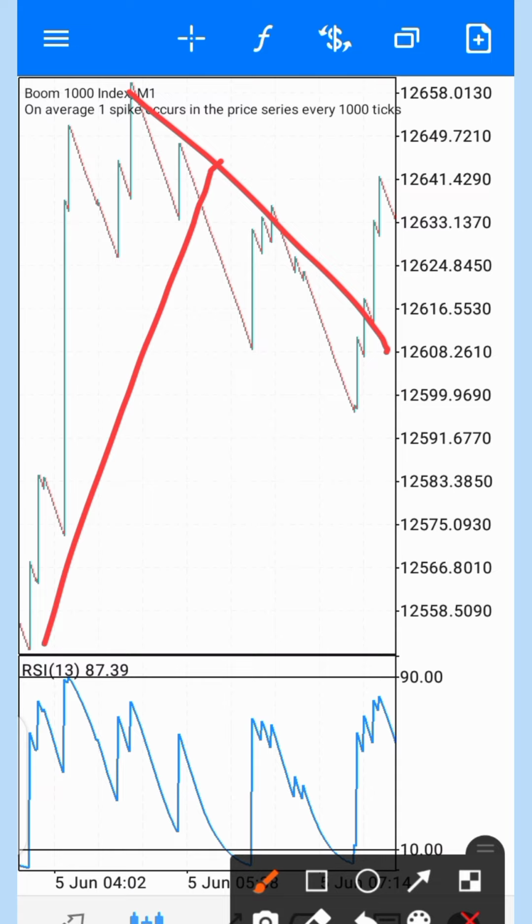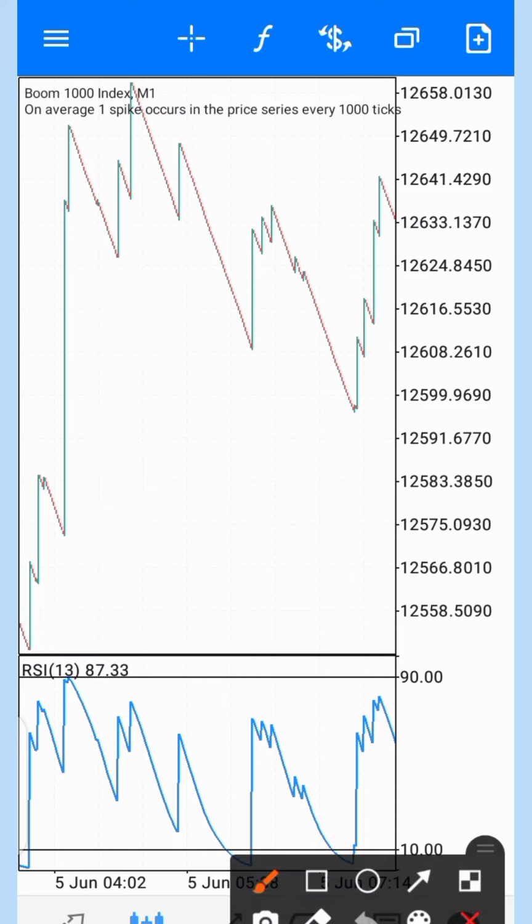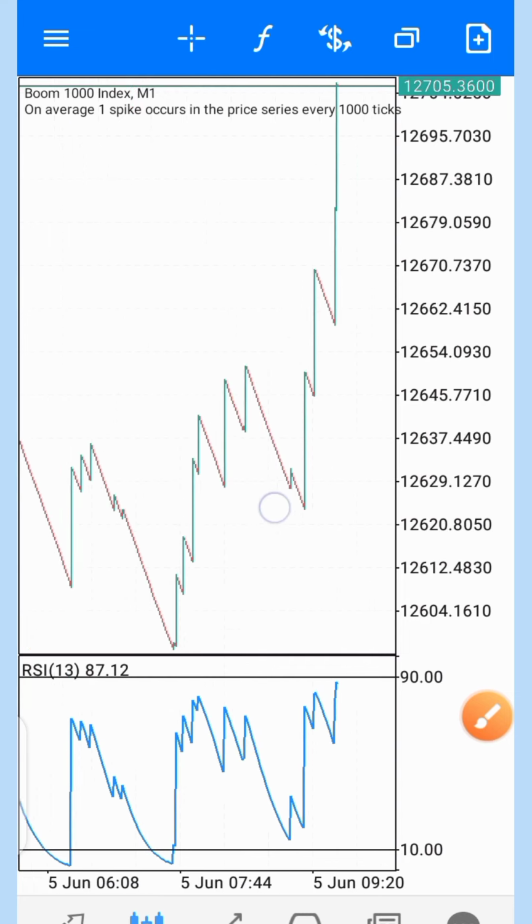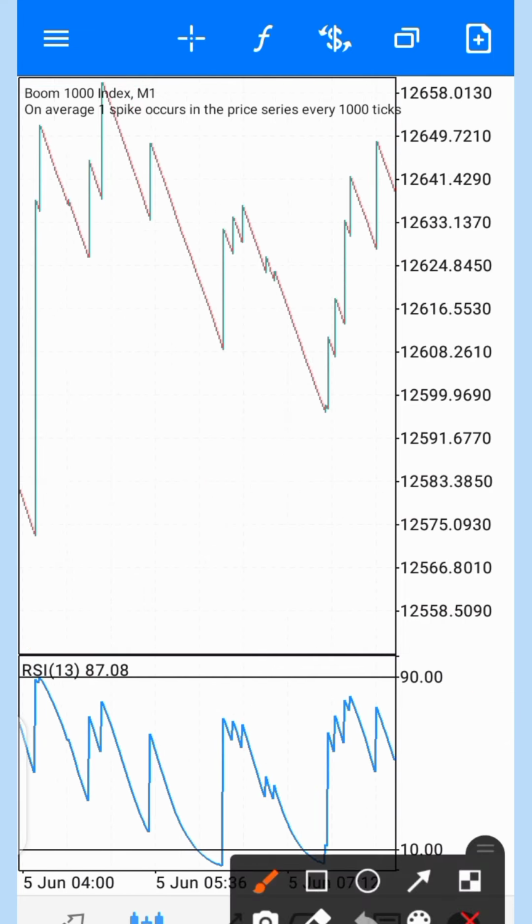The market is defaulted to sell on Boom, while Crash is defaulted to buy. When you see the market selling in a downtrend, that is the default selling.